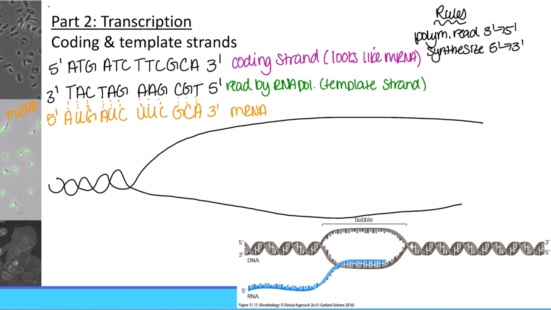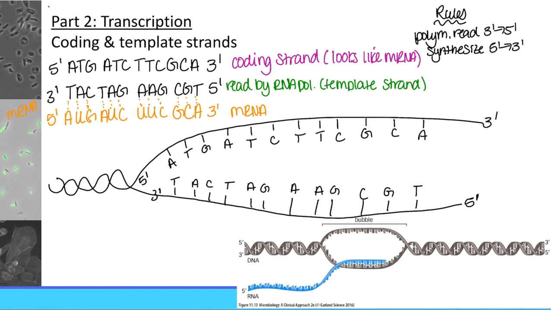We're going to write 5' to 3' here, 5' to 3' here, and let's add our bases in here. There is our top strand drawn exactly the same as our top strand above. And then let's draw our bottom strand as well. Now we have both of our strands drawn here.